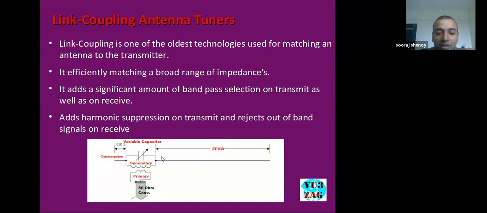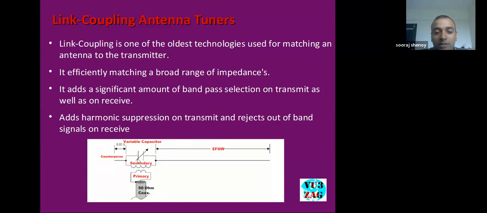If you closely monitor, the secondary is a tuned circuit. We know the advantages of a tuned circuit: it acts as a band pass section for the transmit as well as receive signal, and it also provides good interference cancellation and boosts your required tune frequency.